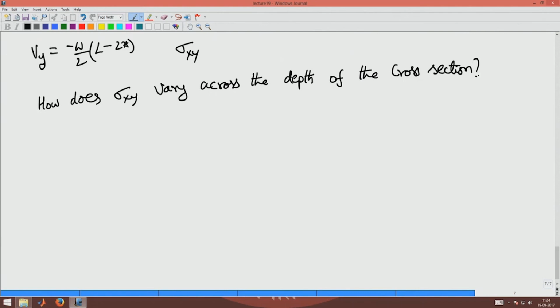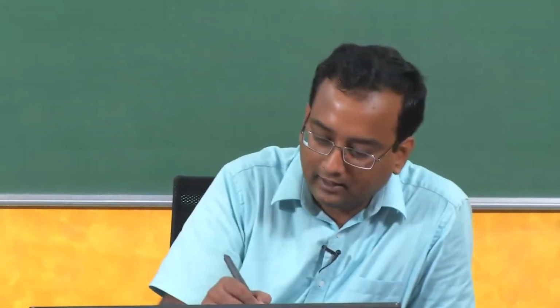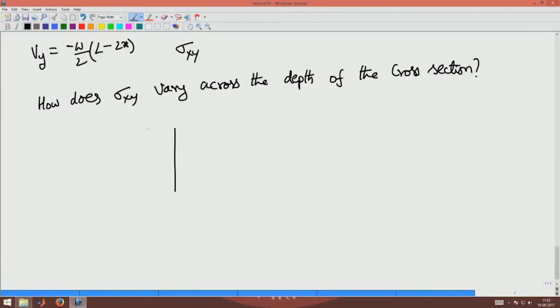Clearly, you know that at top and bottom surfaces of the cross section there is no complementary shear coming in, because in the y plane we said that only sigma yy stress acts, hence it has to be 0 at those two locations. So, it should have some variation along the depth.